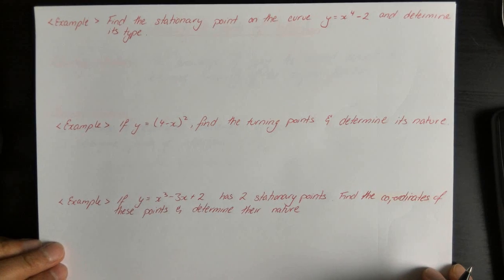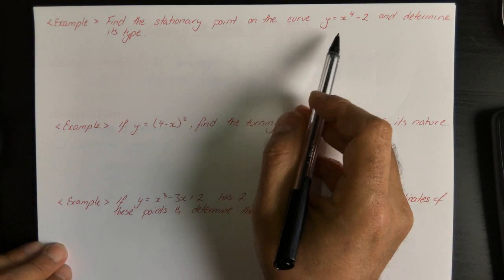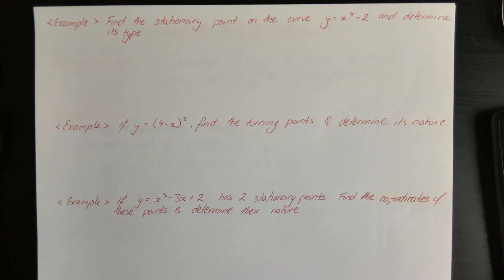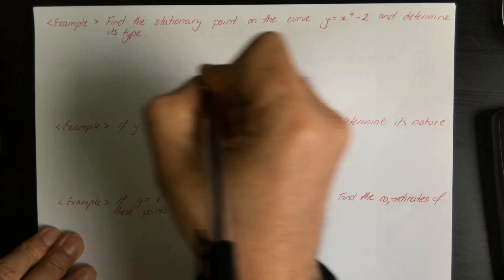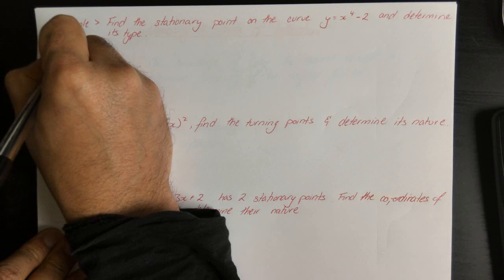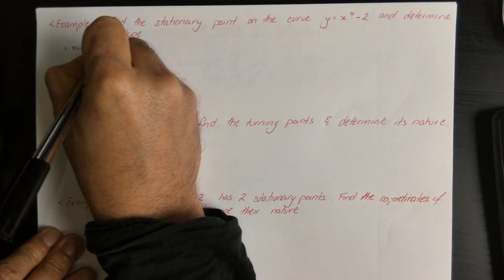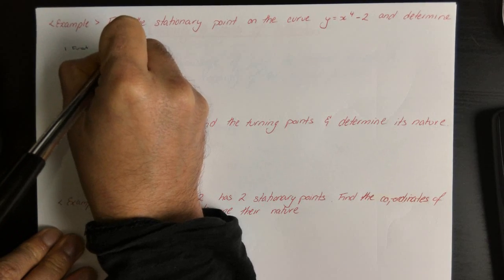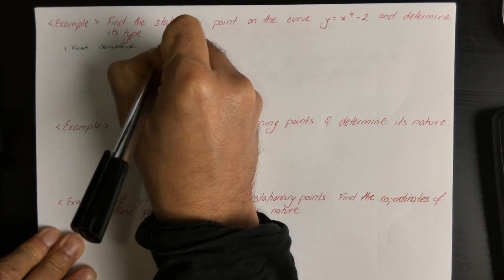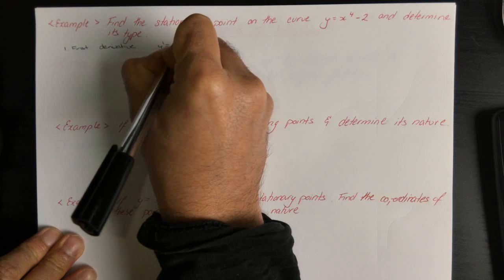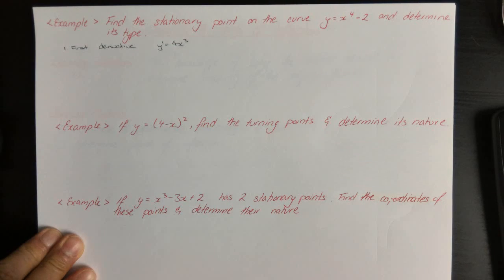We want to find the stationary point on the curve of y equals x to the power 4 minus 2 and determine its type. The first thing I want to do is find the first derivative. So the first derivative will be 4x cubed.